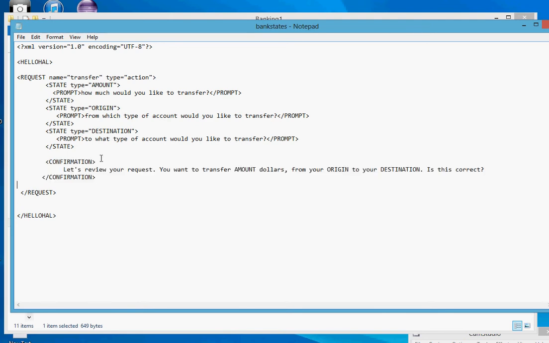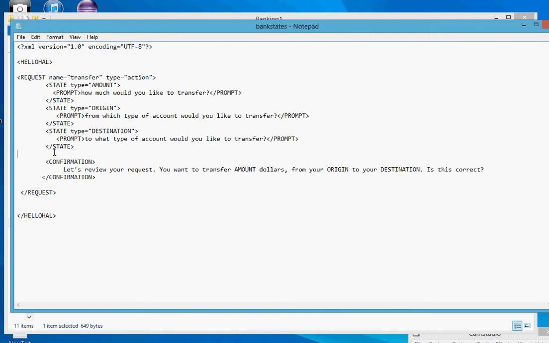Now the way it works is that if the user says anything about transfer, the request will be triggered. But if the user does not provide any of these pieces of information, that state will be triggered. So, for example, the user might say, I want to transfer $500 from my savings account to my checking account.